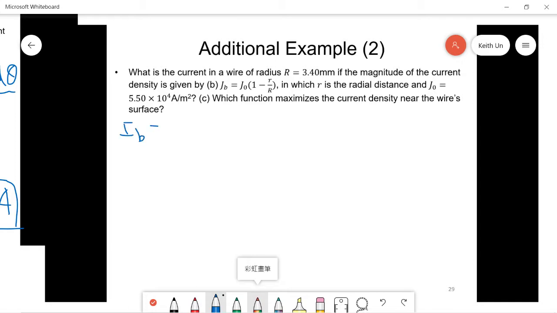So IB is equal to the integral of JB dA.